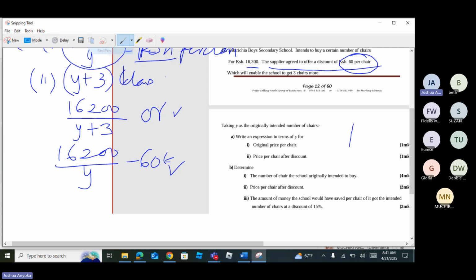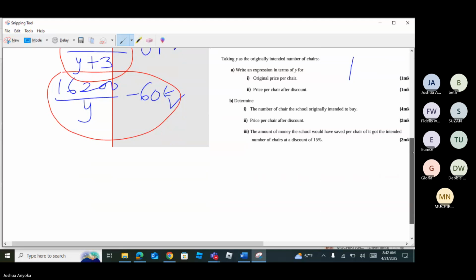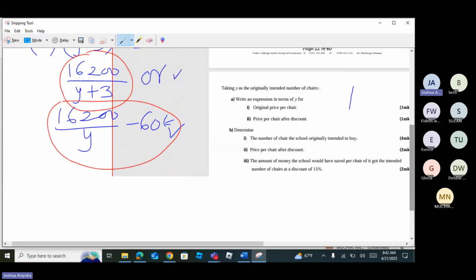Somewhere here we have used the word "all". It means these two expressions are equal. If we say 16,200 over y plus 3 or 16,200 over y minus 60, it means the two expressions are equal.